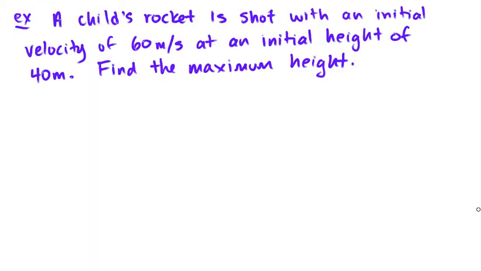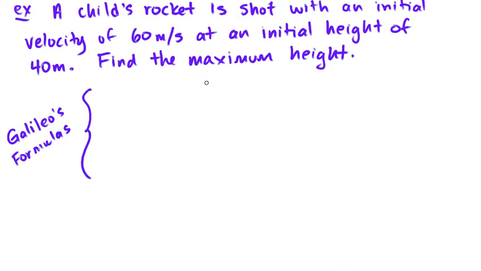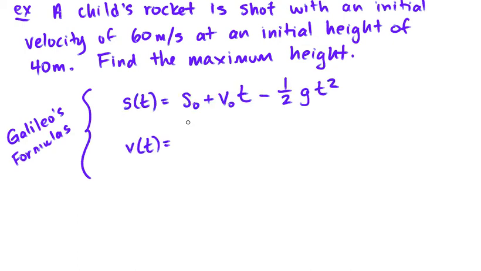Our next example is a child's rocket is shot with an initial velocity of 60 meters per second at an initial height of 40 meters, and we want to find the maximum height. To do this, we need to use Galileo's formulas, the height formula, and the velocity formula. Notice that the velocity formula is the first derivative with respect to time of the height formula.